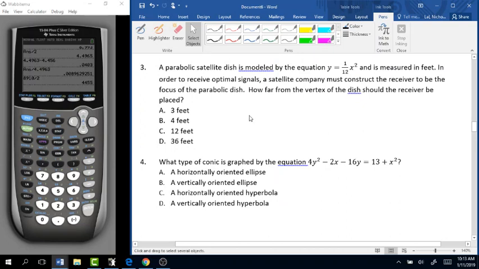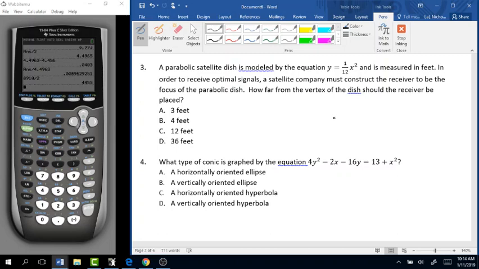A parabolic satellite dish is modeled by the equation y is equal to 1/12 x squared and is measured in feet. In order to receive optimal signals, the satellite company must construct the receiver to be the focus of the parabolic dish. How far from the vertex of the dish should the receiver be placed?